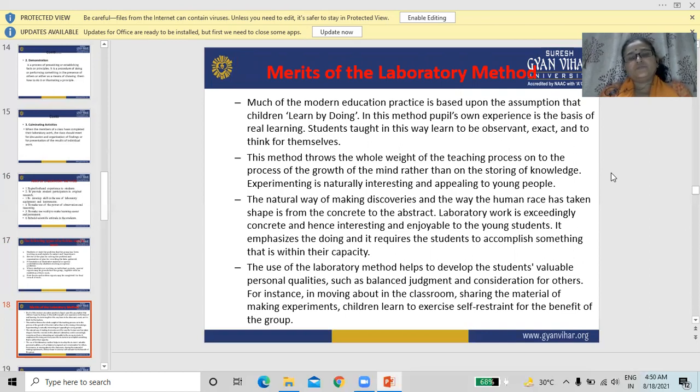Students taught in this way learn to be observant, exact, and to think for themselves.